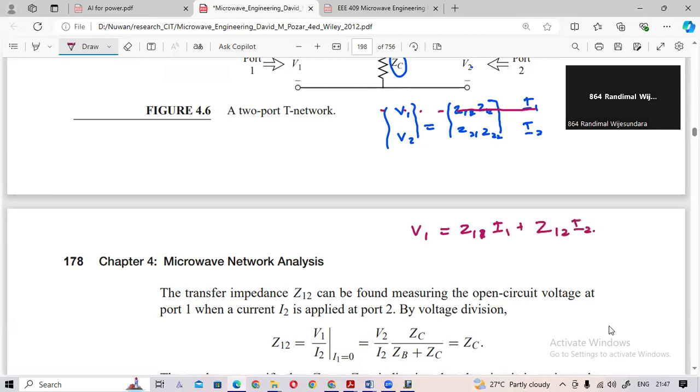This is one equation. And V2 you can write as Z21 I1 plus Z22 I2. So this is one equation and this is another equation. Now you need to find these Z values.